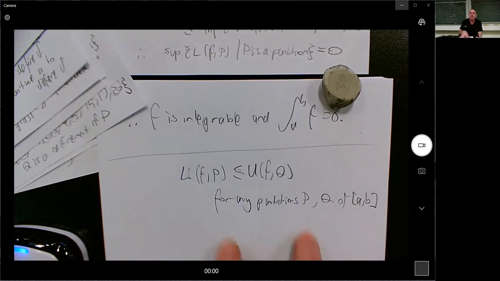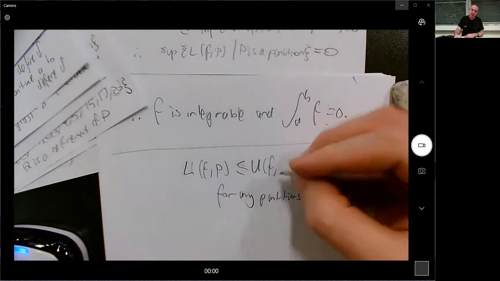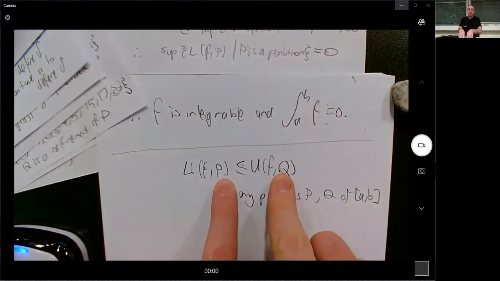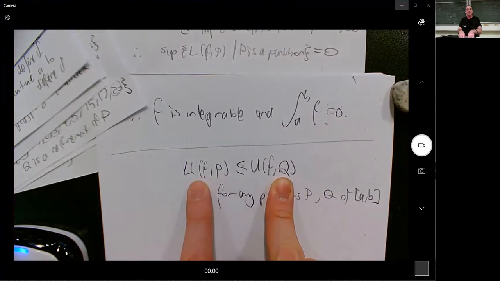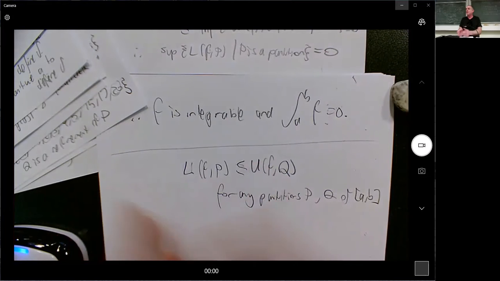And I think you prove it by combining P and Q into a refinement and saying that it's definitely true if you've got the same partition, but we were using the same partition anyway, so it's okay. It's definitely true if you've got the same partition in both of these spots, because the L is made as the infimum of some numbers and the U is made as the supremum of some numbers, and so the infimum's got to be less than the supremum for the same set of things.